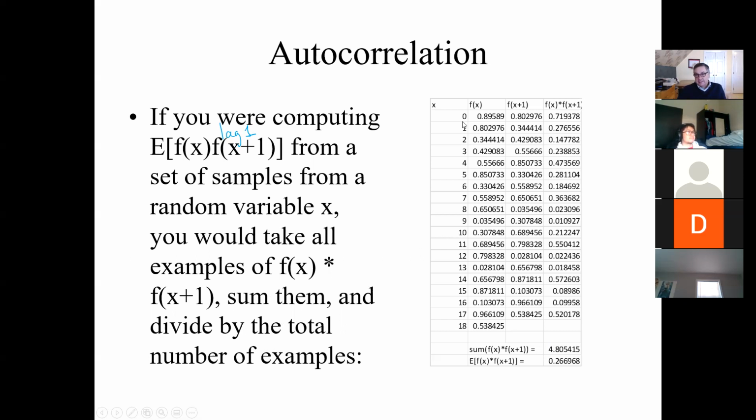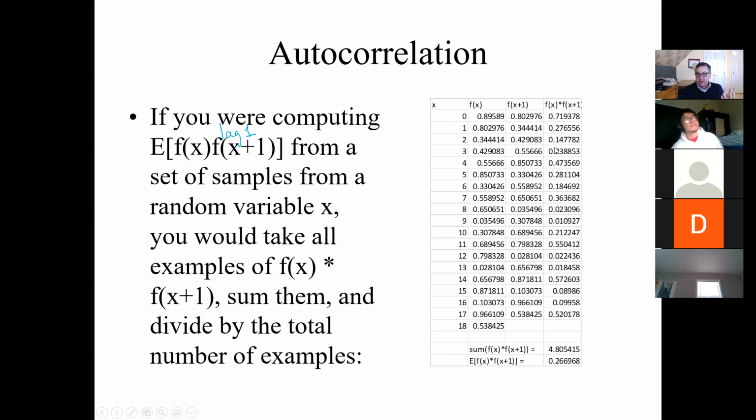It's fairly easy to see this. I just did it in an Excel spreadsheet. Here's f of x, and here's basically f of x shifted by 1. So this one goes to here, this one goes to here, and so forth.